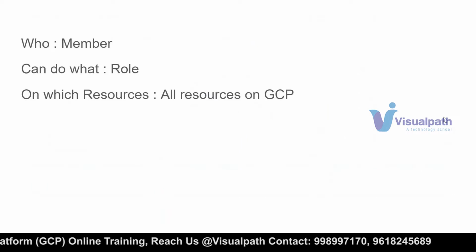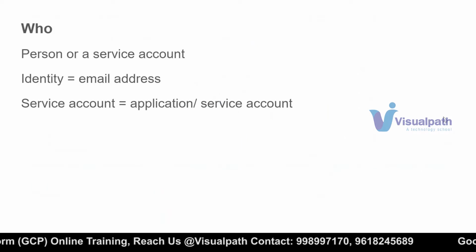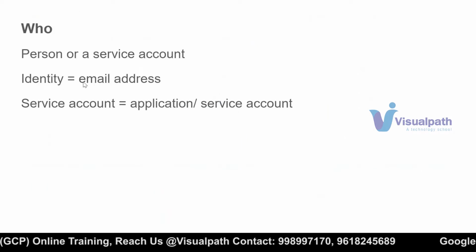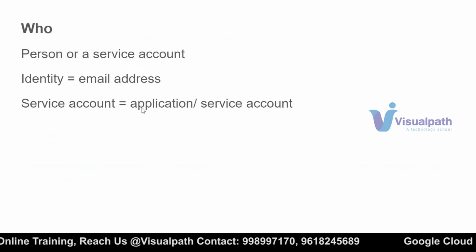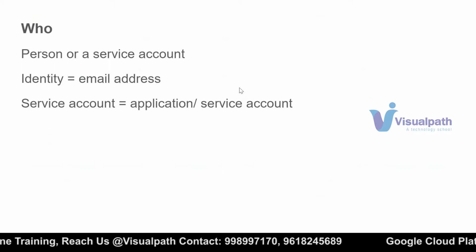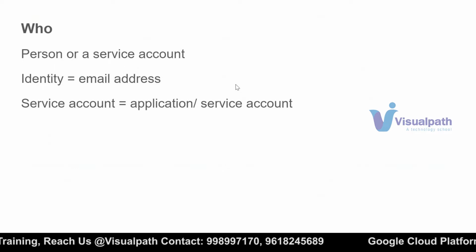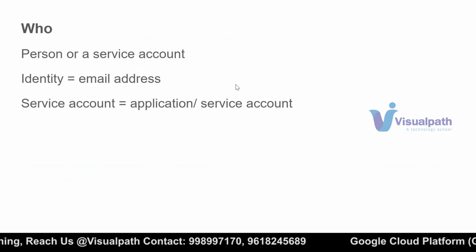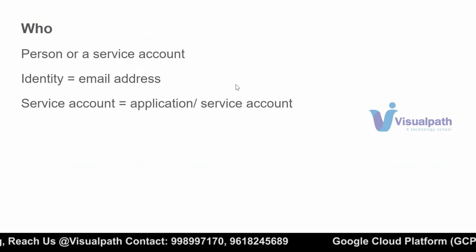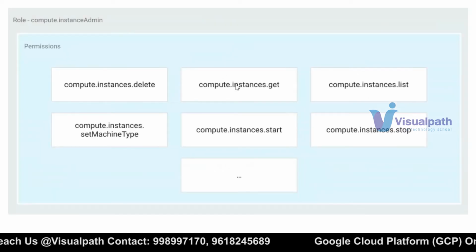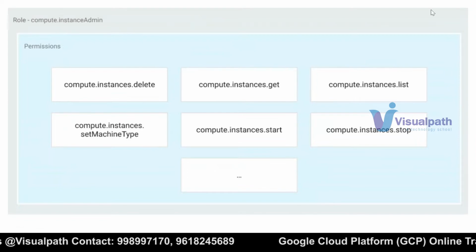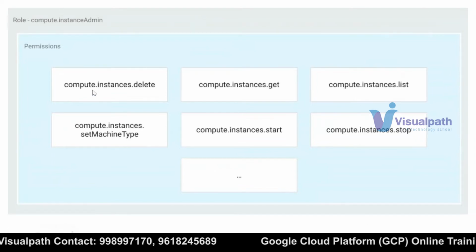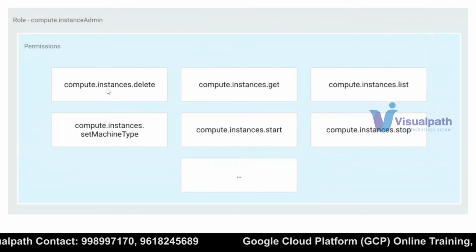Okay, so I told you this. Who can refer to your corporate email address or personal email address or the service account also. That is nothing but the person who is handling this particular resource. This is only the Compute Instance role list. Here you can see compute.instances.delete.